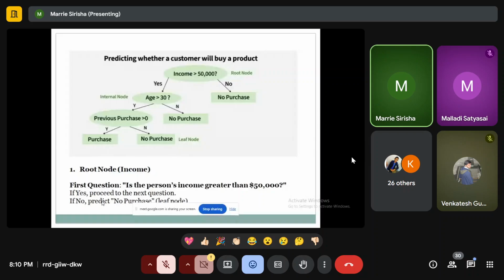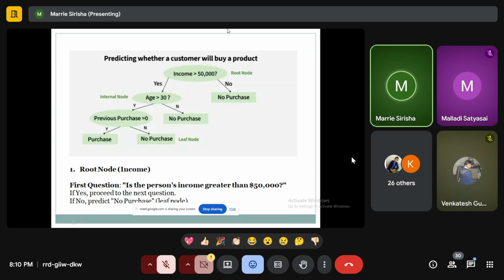Okay, see, now with the help of a flow chart, this is the decision tree. So I am predicting whether a customer will buy a particular product or not. For that, I need some information about the customer.